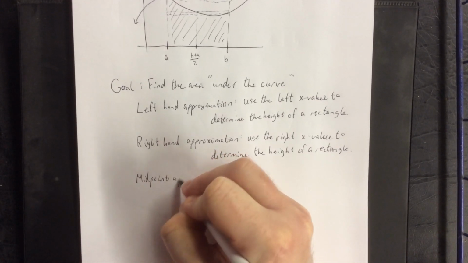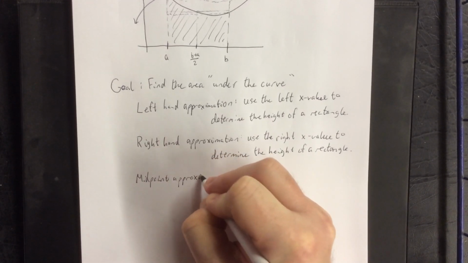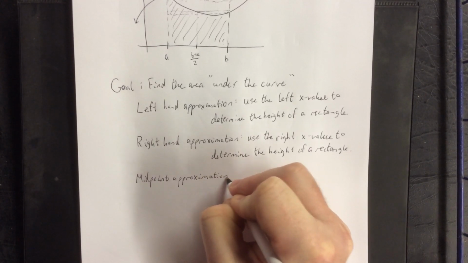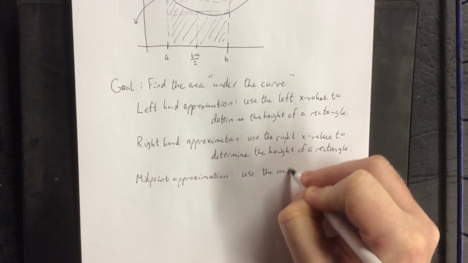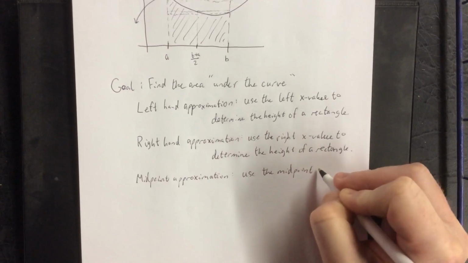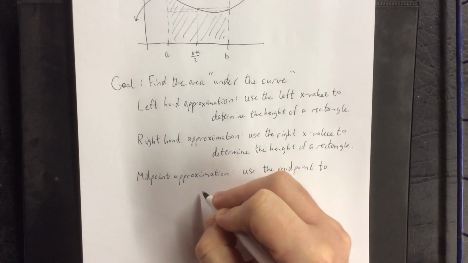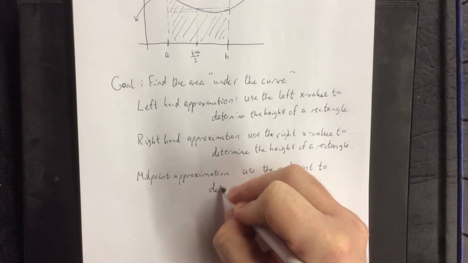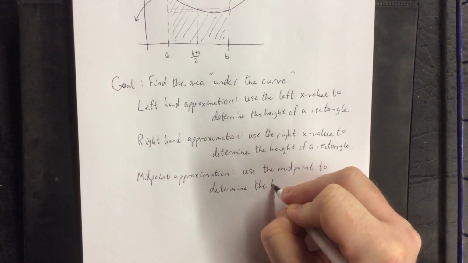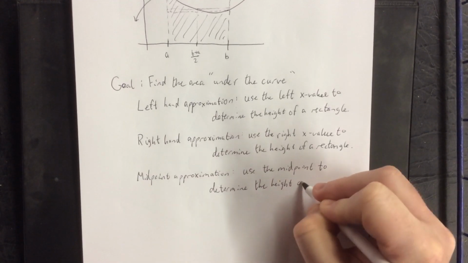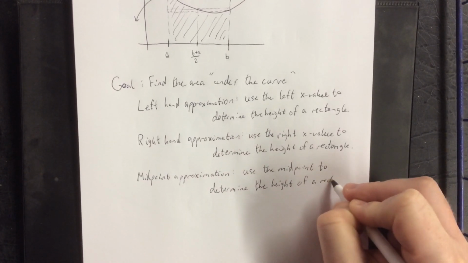So the midpoint approximation says use the midpoint to do exactly what we just did, to determine the height of a rectangle.